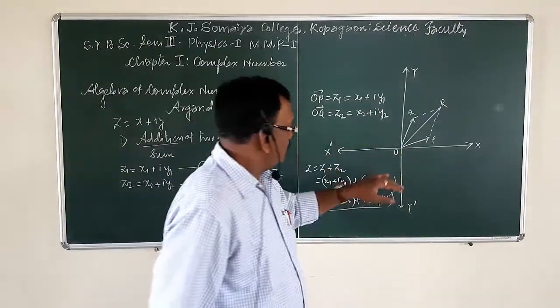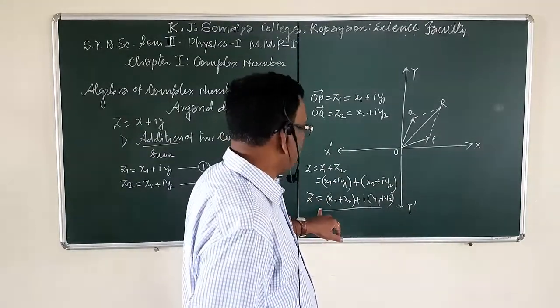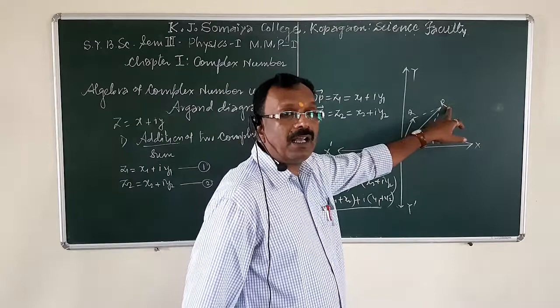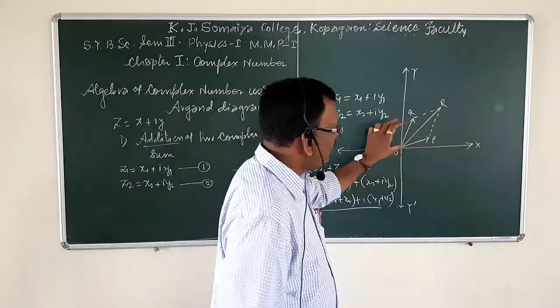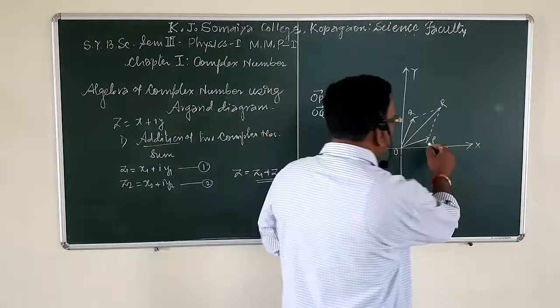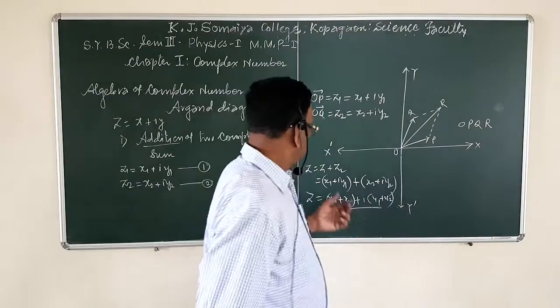Here this Z is the resultant and this is represented by the point R and is obtained by constructing a parallelogram OPQR.